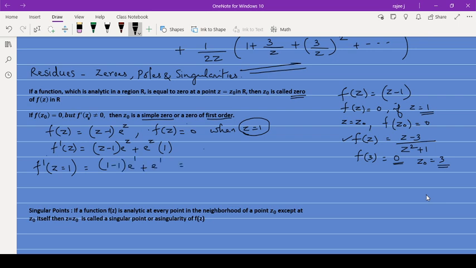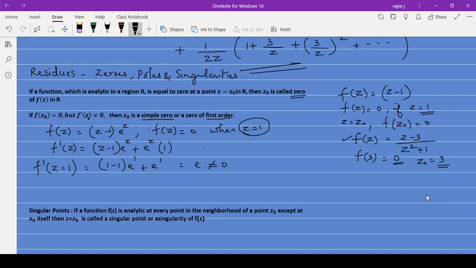So 1 minus 1 is 0, 0 into e is 0, 0 plus e is e, which is not equal to 0. If f dash of z0 is not equal to 0, here f dash of 1 is not equal to 0, then it is a simple zero, or a zero of first order.